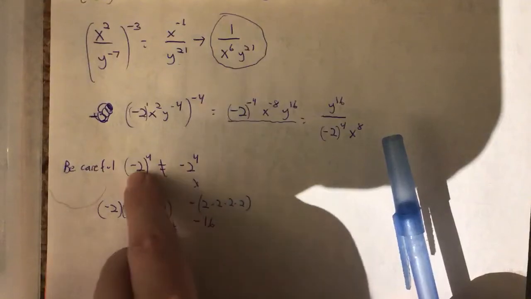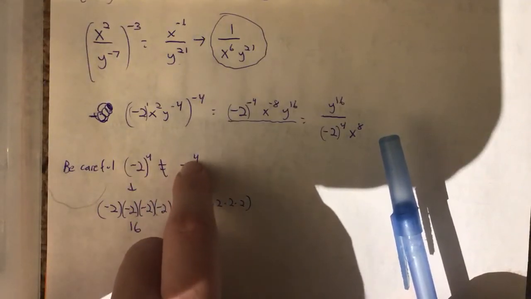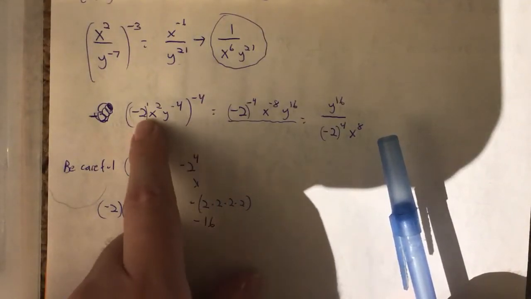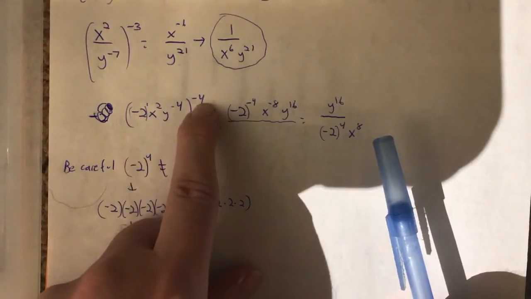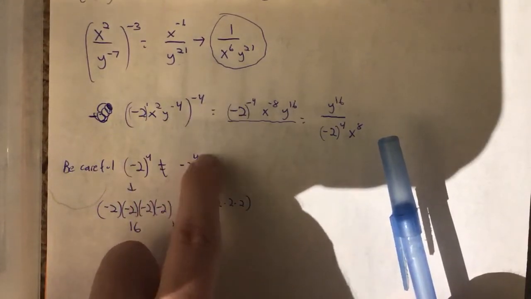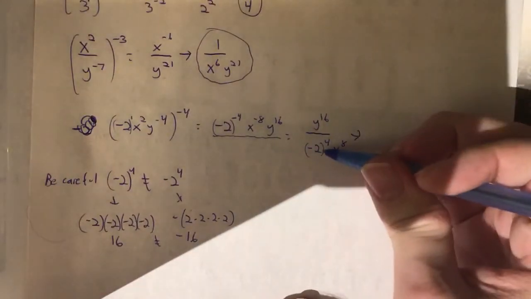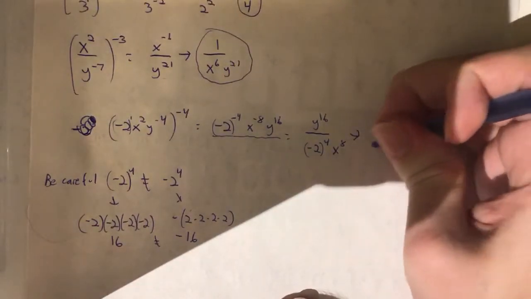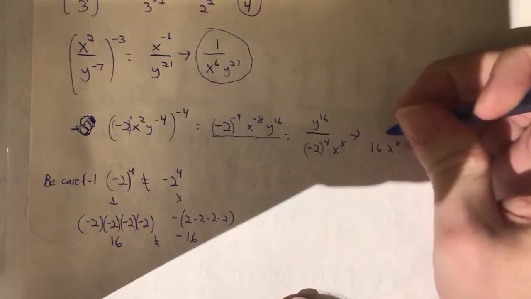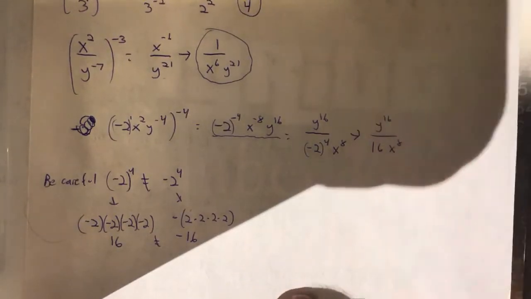I'm doing negative 2 to the negative 4th, not 2 to the 4th with a negative added. So really I can now simplify this. I know negative 2 to the 4th power is 16, x to the 8th, y to the 16th.